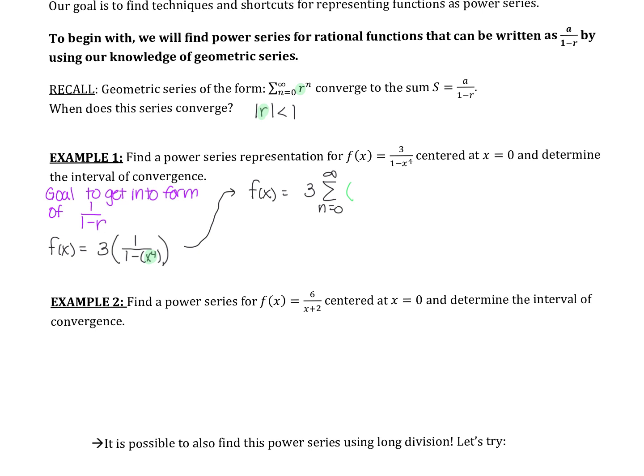The r that I have is x to the fourth, so I'm going to raise x to the fourth to the n power. Now I'm going to simplify this just a little bit. If I combine like terms, maybe I move that 3 on the inside, it doesn't really matter. Another way you could see this series is from n equals 0 to infinity of 3 times x raised to the 4n power.